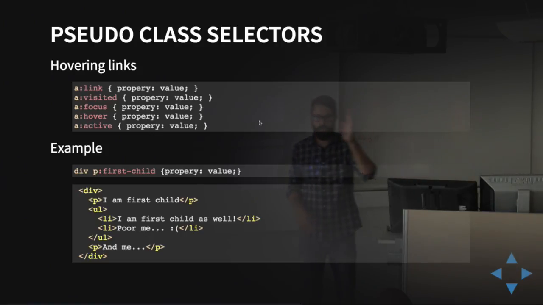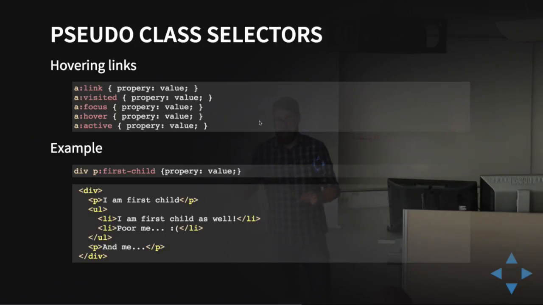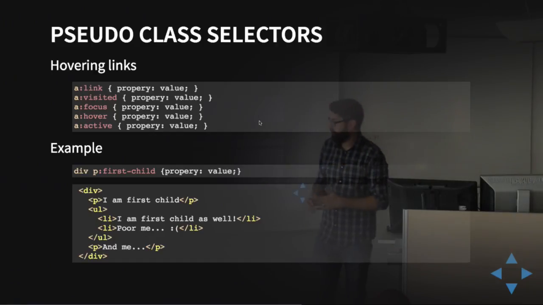So you tab over the page, and if you are disabled, not able to use the mouse, then you can tab yourself using the tab key to a certain link, and then that link will get focus.